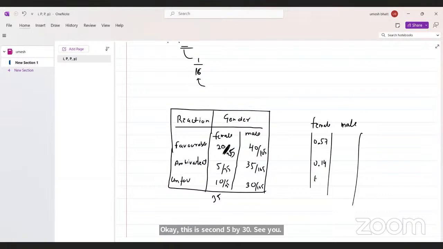And this is double, 0.28. Now for male, this is 0.33, 0.38, and 0.28.